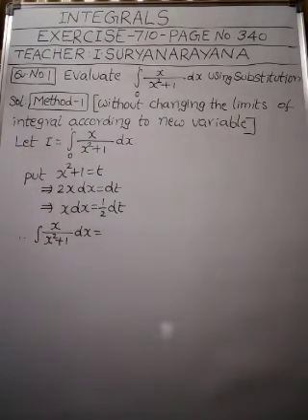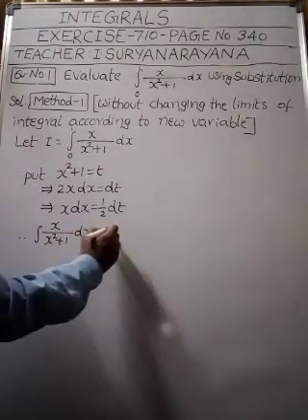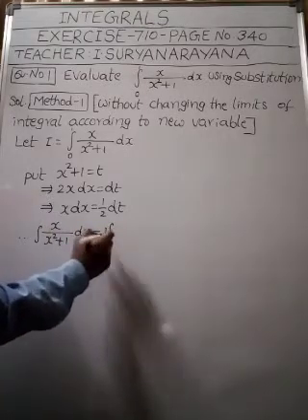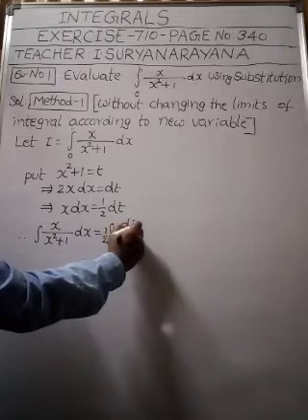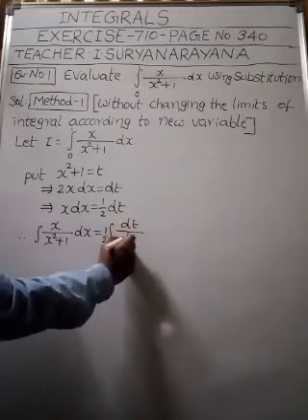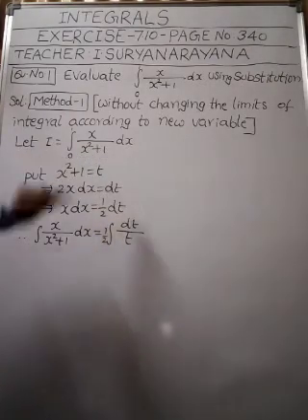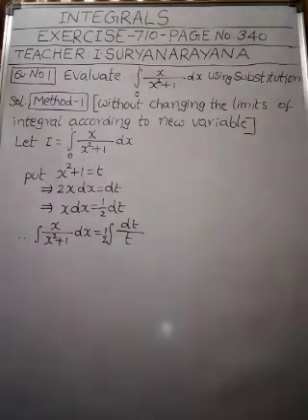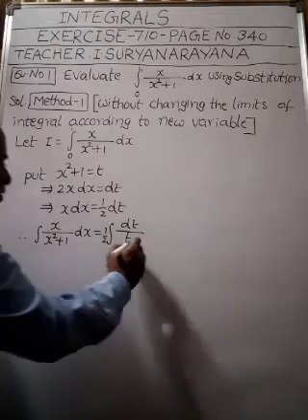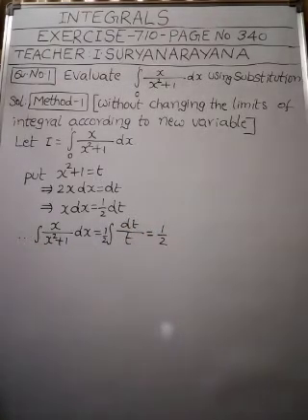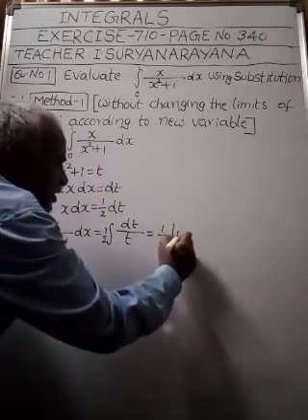What do we get? x dx is there, so 1 by 2 is a numerical coefficient, and I write it outside: dt by t, because x square plus 1 is considered as t. So 1 by t. That is equal to 1 by 2 into integral of 1 by t dt.